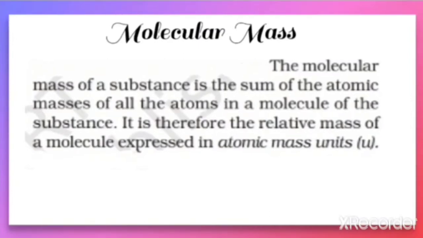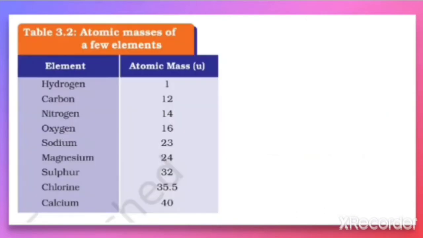In order to find the molecular mass, first of all we have to learn the atomic masses of some quite important elements, which are given in the table. Once you have learned these atomic masses, only then can we find the molecular mass. So, let us discuss how to calculate molecular mass.